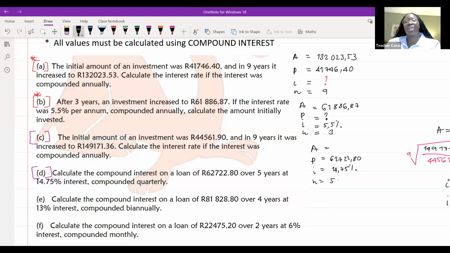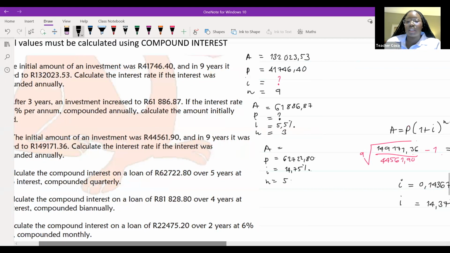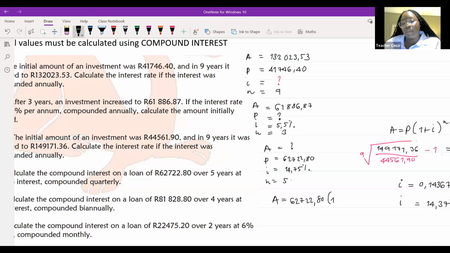All right, so we're just calculating for A, a standard calculation for A. We use our best friend, the calculator. A equals 62,722.80 open brackets, 1 plus 14.75% to the power of 5. What is my answer, Namisile? It is 124,791.03 rand. Beautifully done. Well done.